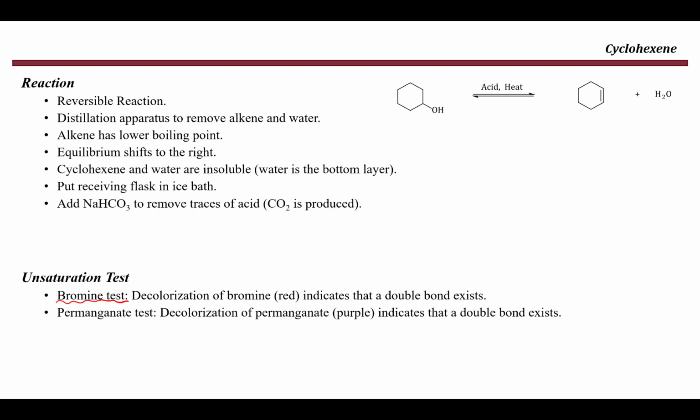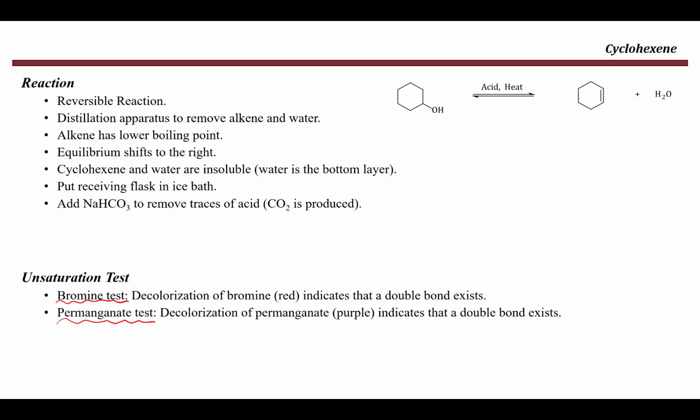The same thing happens in the permanganate test. Potassium permanganate has a purple color. Once I add a few droplets of permanganate to the solution and they disappear, I can know that this solution contains a compound which has a double bond or a triple bond. In this case, it's going to be a double bond.